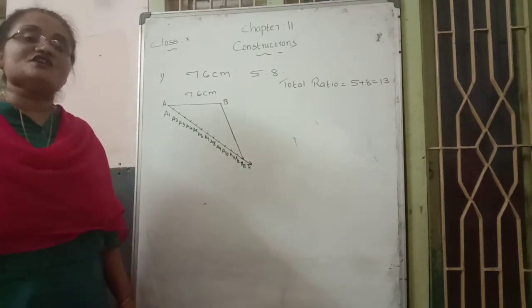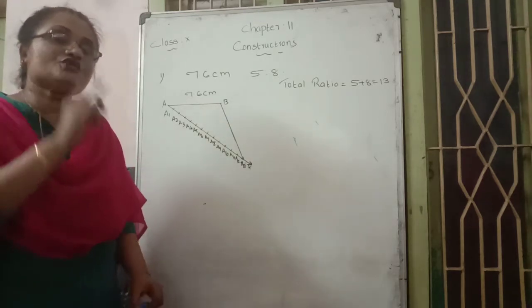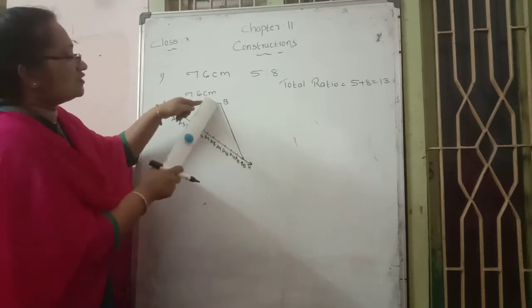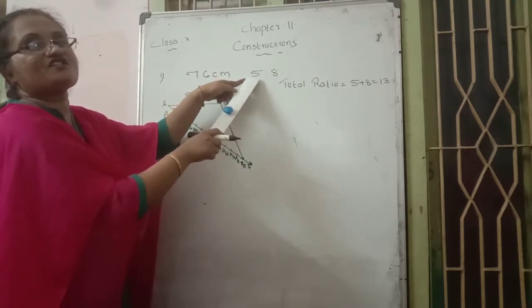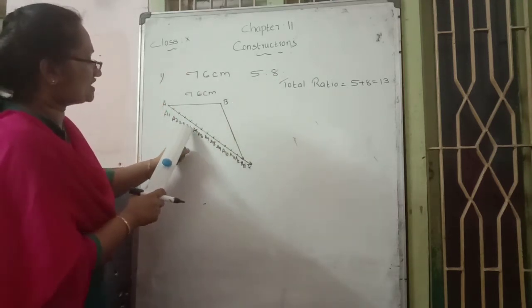Next, our aim is to draw a line parallel to BA13. Which ratio is given first? The first ratio is 5, so we mark that point as A5.